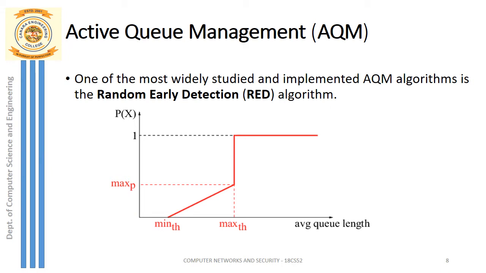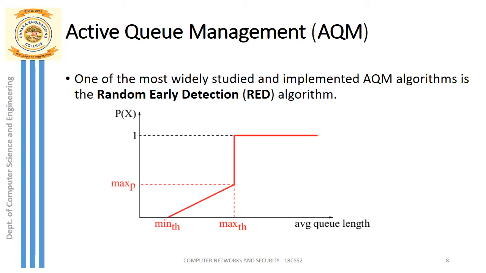One of the most widely studied and implemented active queue management algorithms is random early detection. In random early detection, we consider the minimum threshold, the maximum threshold and the probability of packet drop. As given in the diagram, the x-axis is the average queue length and the y-axis is the probability of packet drop.